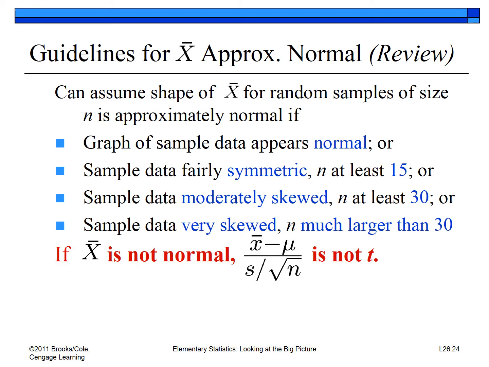If none of these hold, then that formula that we use to find t is not t. That formula only results in t when x bar is distributed normally.